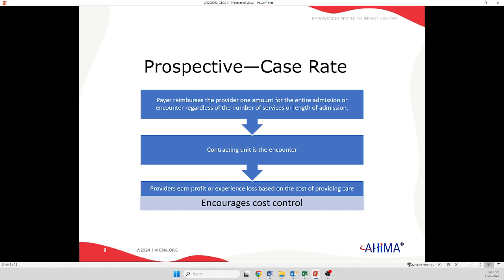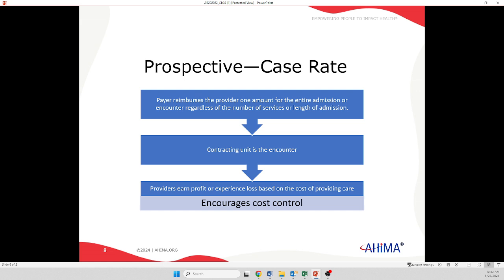So an example would be a case rate for pneumonia. They look at historically how much does it cost to care for a patient who has pneumonia, and they set that as the case rate amount, and that's how much they pay. So for an average person, that's how much it would cost. Now, what this doesn't take into account are people with chronic illnesses who come in on top of having pneumonia.